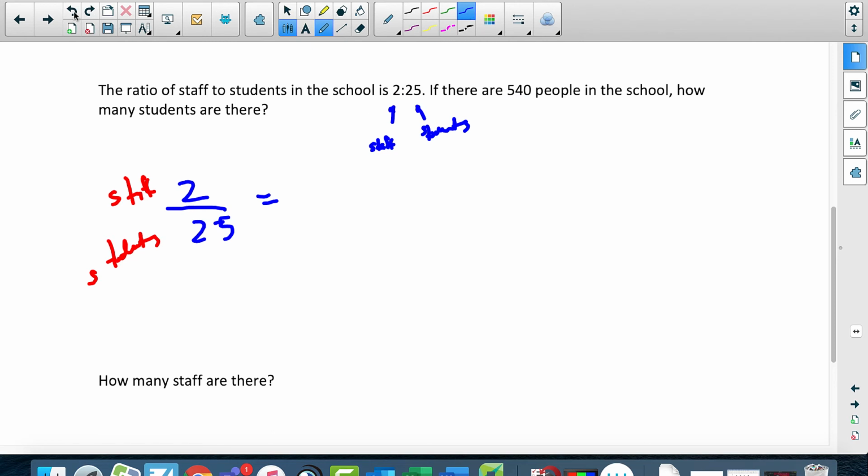Okay. This is a different type of ratio. When it puts the 540, they're asking you something different. This ratio here is called a part-to-part ratio. It means you're comparing 2 parts of the whole, right? 2 is part of the entire school population, it's the staff, and 25 is part of the school population, it's the students.